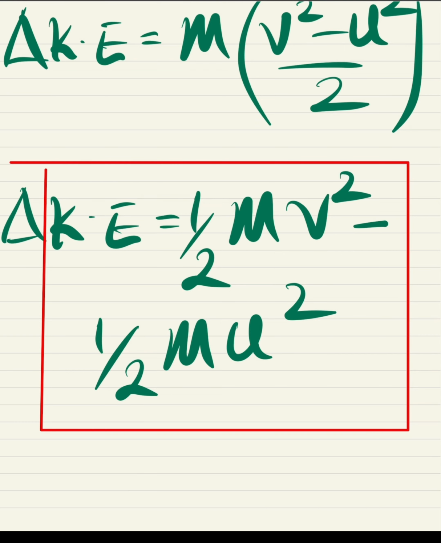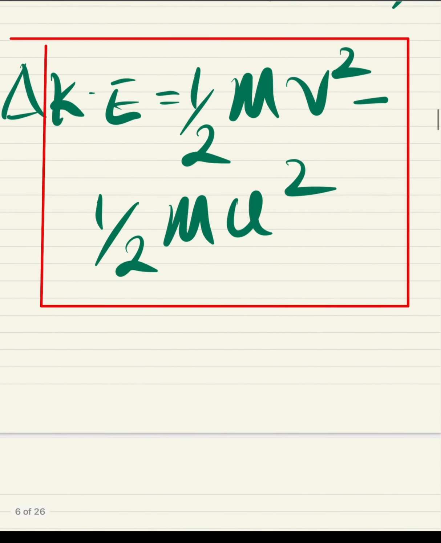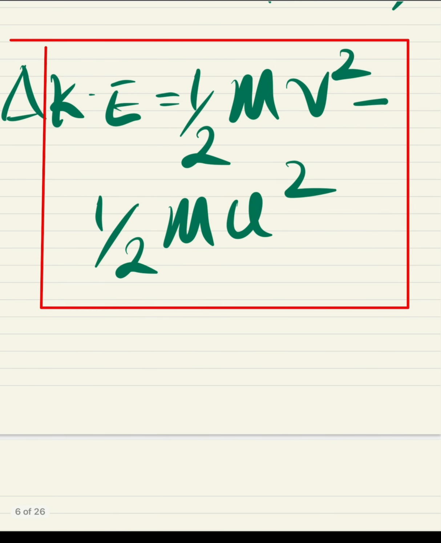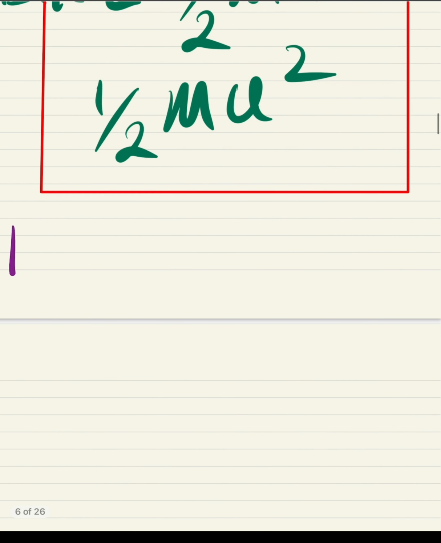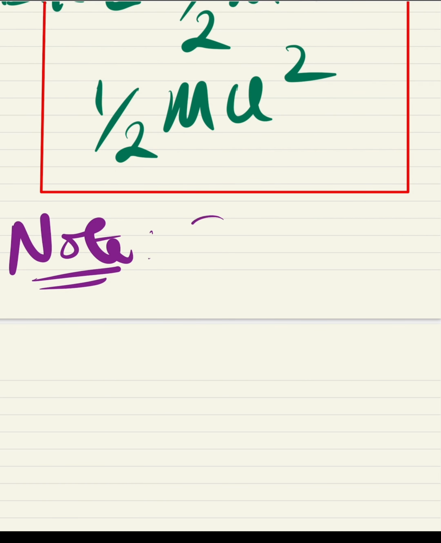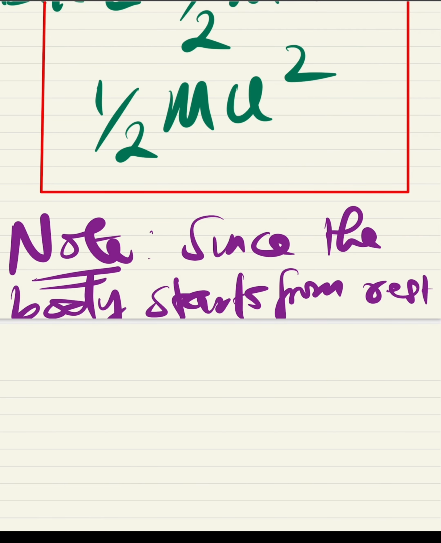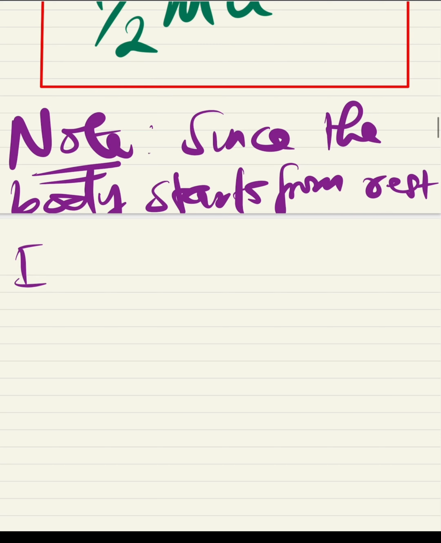But if the body is starting from rest, the u there will be 0. We all know that u will be equal to 0, right? Because we said that the body will always start from rest, i.e., it means that u will be beginning from 0.